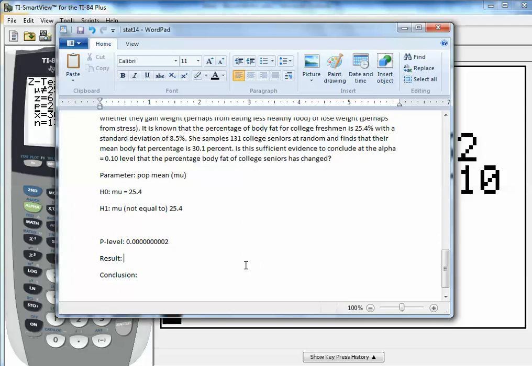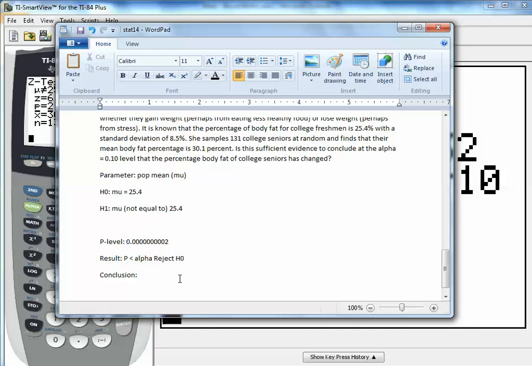Well, what's our result? That is definitely less than alpha. So our conclusion is that since P is less than alpha, we're going to reject H naught.